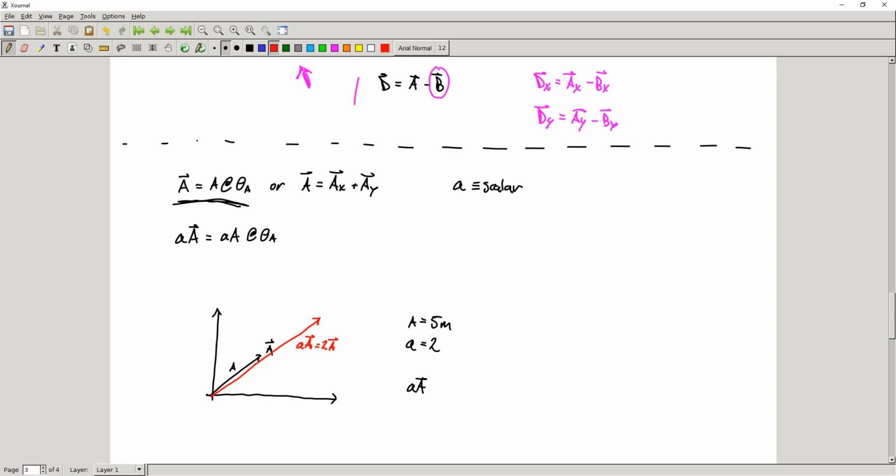The same idea is going to work with this representation of the vector, we're just going to end up with aA is just equal to aAx plus aAy. So it kind of just distributes as though it was just a regular number, right? As though it was just a scalar.